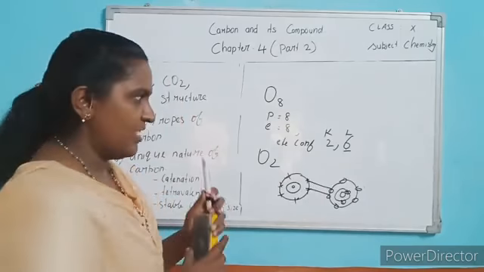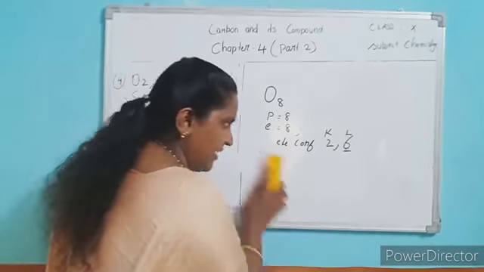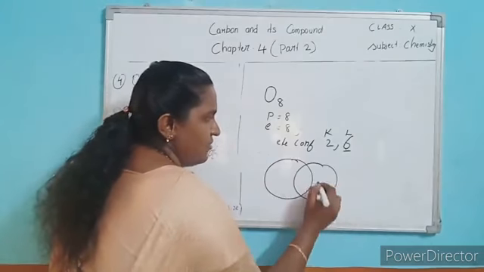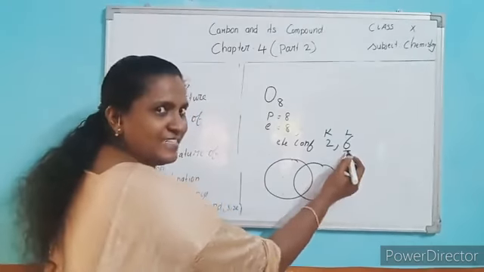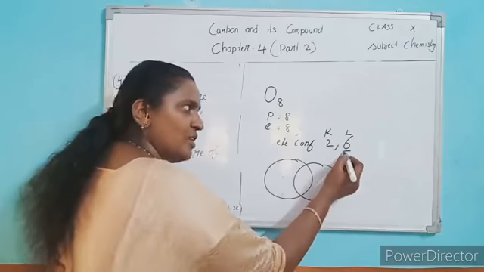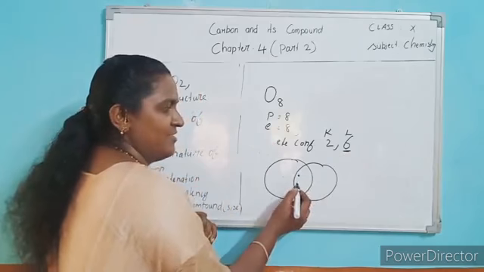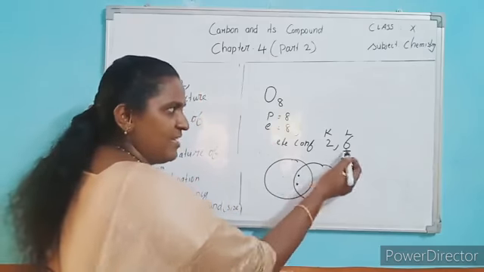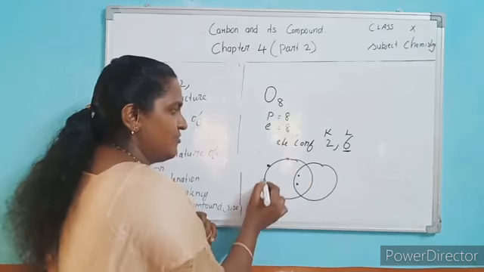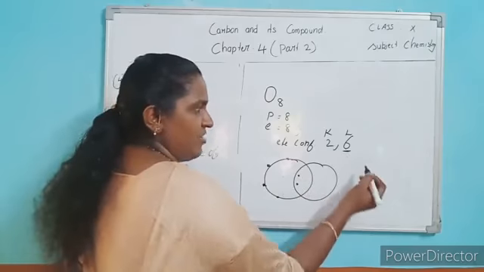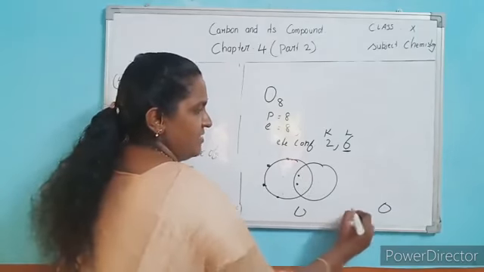Okay. So how do they share? I will show you again. I told you it needs 2 more electrons. Among the 6 electrons, you write 2 dots here, 2 electrons here, and the remaining 4 are there: 1, 2, 3, 4. So this oxygen has 6 electrons, and another oxygen has 2, 6.